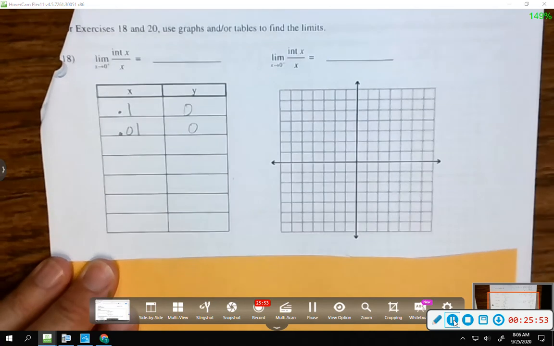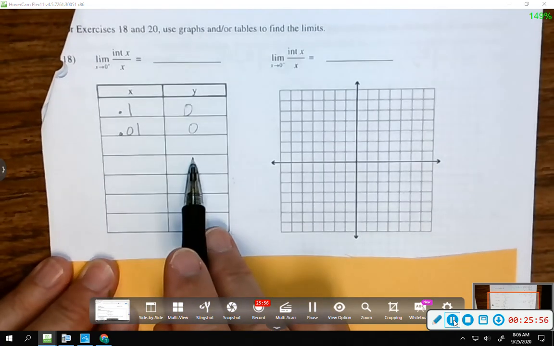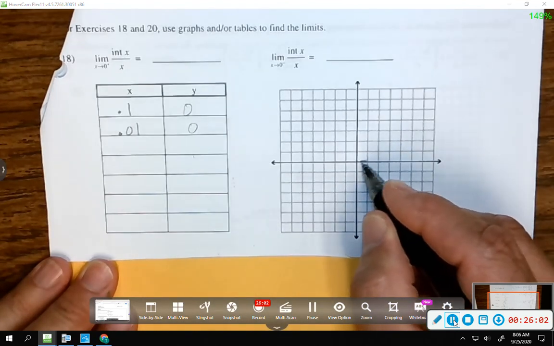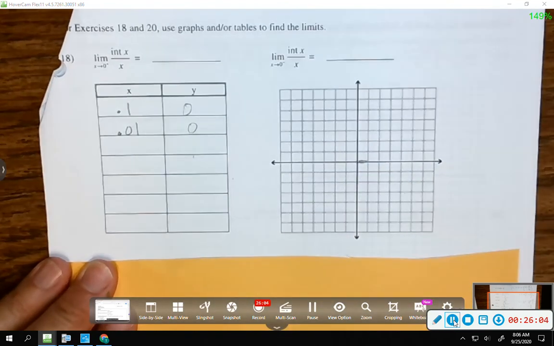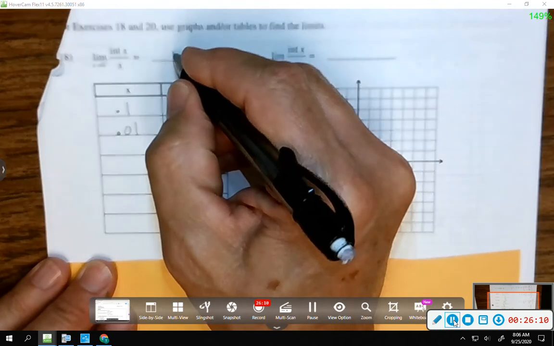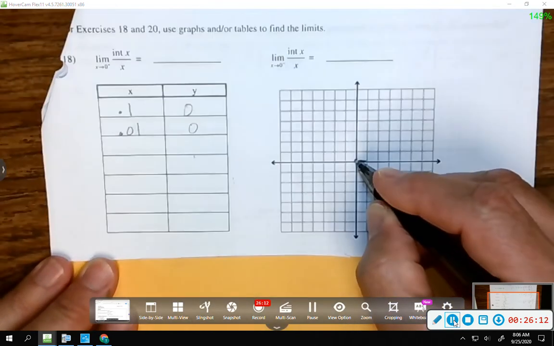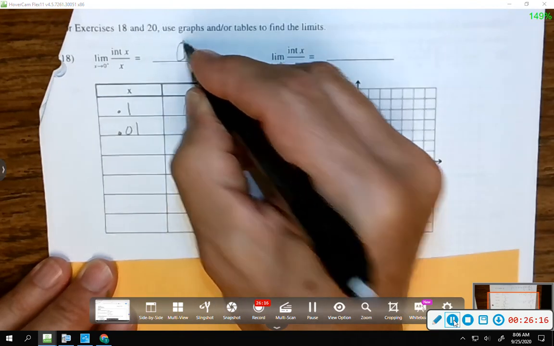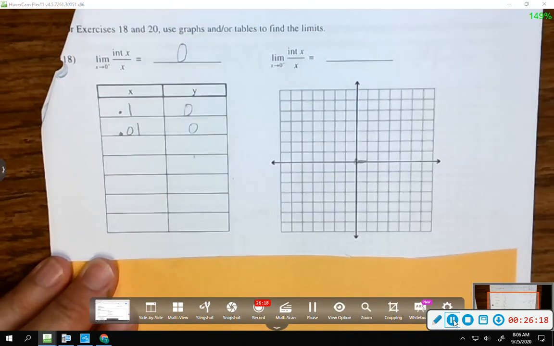So as I get closer and closer, this value is just going to stay at 0. As a matter of fact, for all of these numbers, the graph is going to ride right along the x-axis. And I get 0 out. Remember, it's not defined at 0 though, because we cannot divide by 0. But the limit as x gets closer and closer to 0 from the right will go to 0.